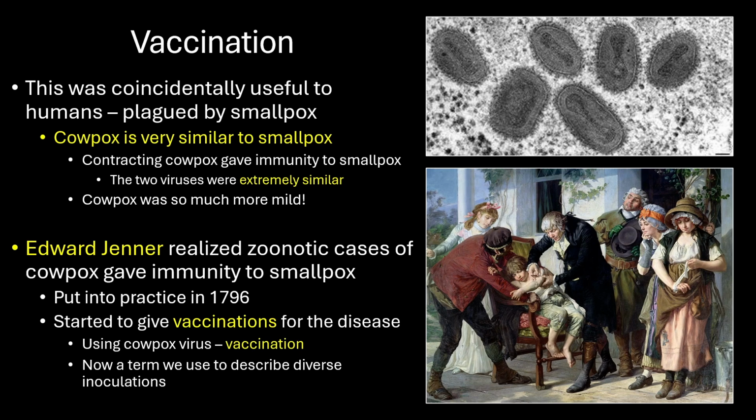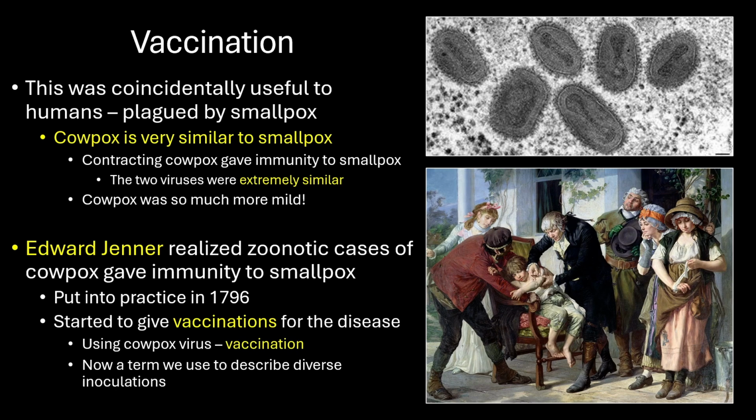We later realized that people who contracted cowpox, because of the virus's genetic similarity to smallpox, had immunity to smallpox. Edward Jenner is the person who was famous for making this realization and putting it into practice. He realized that these zoonotic cases of cowpox could grant immunity to a much more dangerous smallpox.